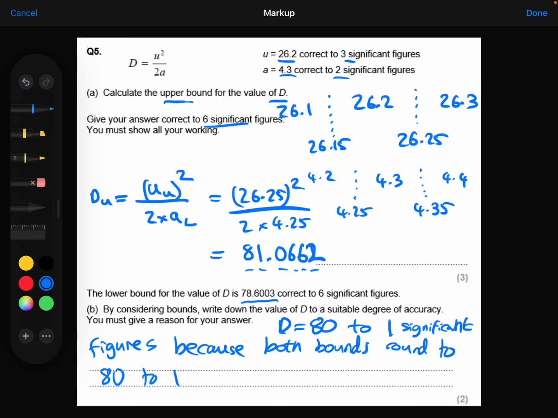We couldn't round to 2 significant figures because they would have given us different answers. We'd have had the 81 and the 79 instead. So D is 80 because the upper bound and the lower bound both round to 80 to 1 significant figure.